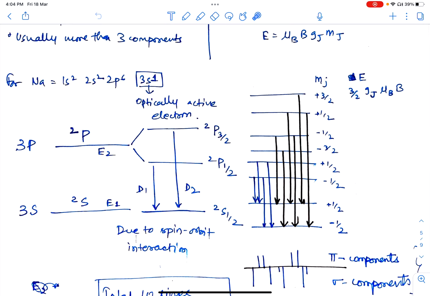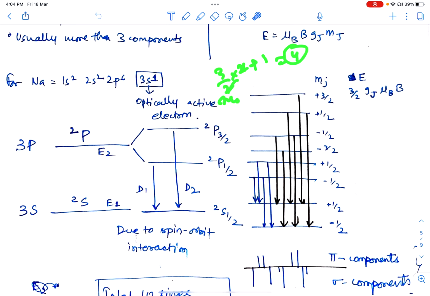Now this will be split into 2P 3 by 2 and 2P 1 by 2, and again this 3 by 2 is split into 2j plus 1. Now 2j plus 1, 3 by 2 into 2 plus 1, it will be 4 components.